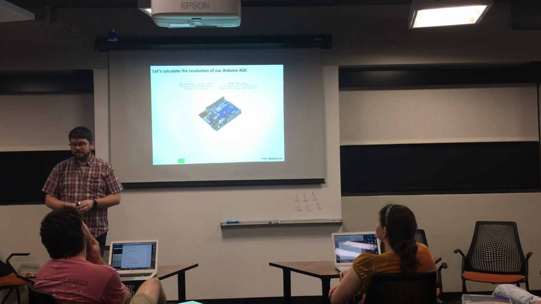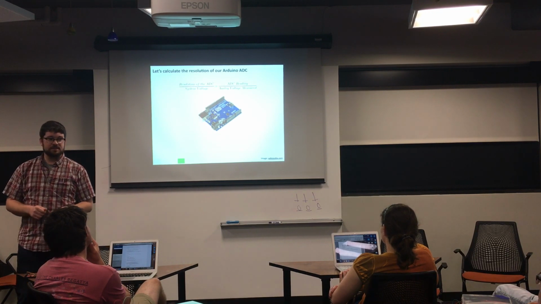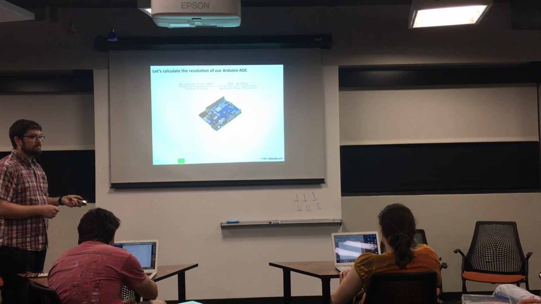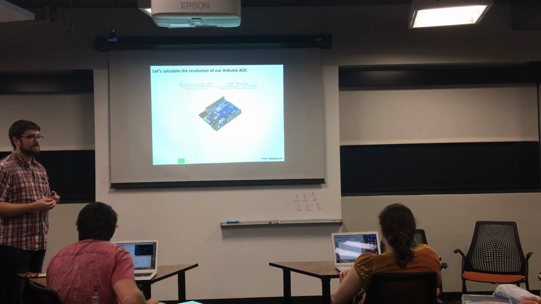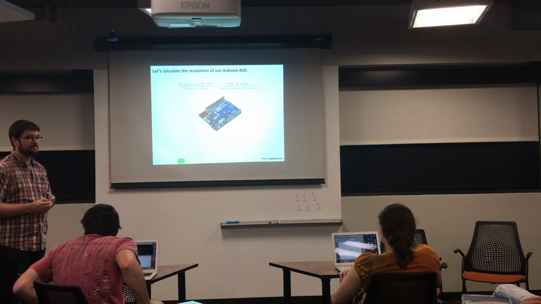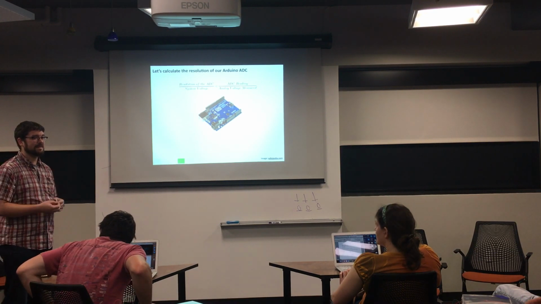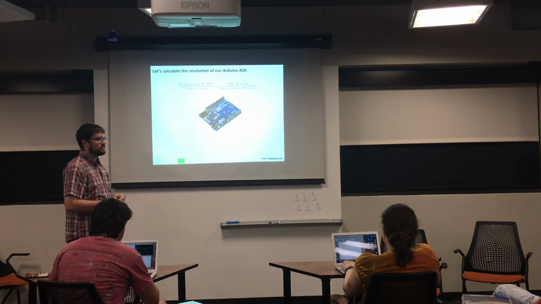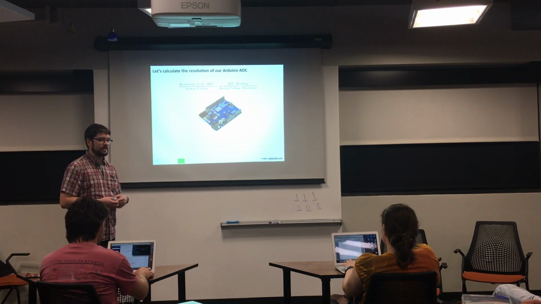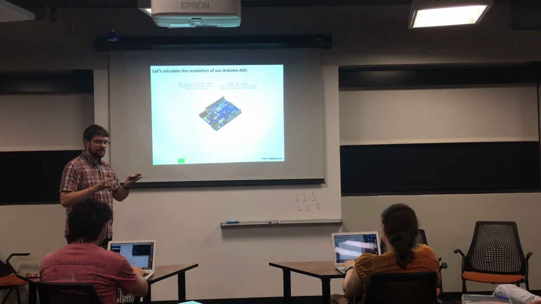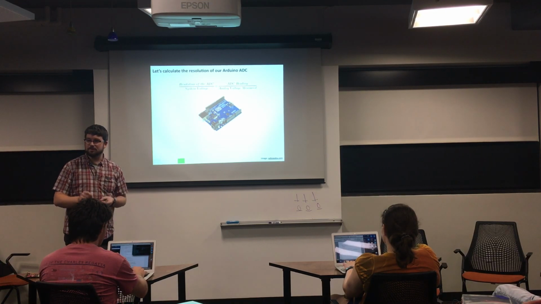So let's calculate what the resolution of the analog to digital converter is on your Arduino. So does anybody know how many bits the resolution is on your Arduino? Probably don't unless you've been reading this stuff. It's 10 bits, yeah. So that's 1,024 values. But remember, we're dealing with computer scientists and engineers and hardware people.